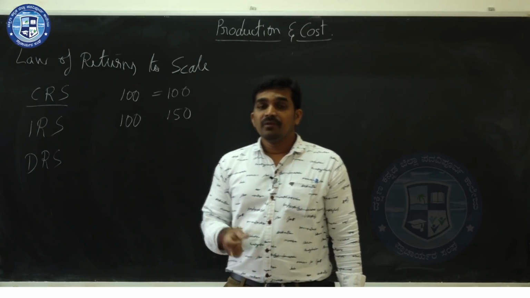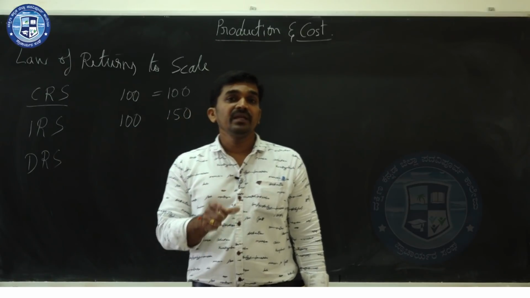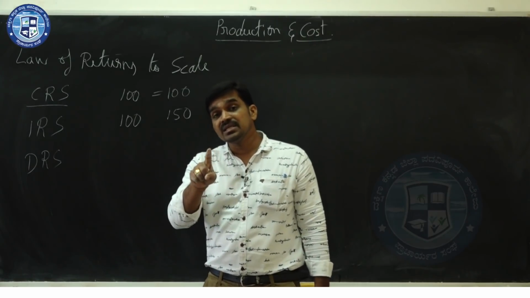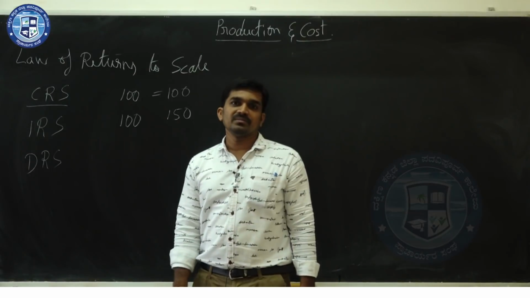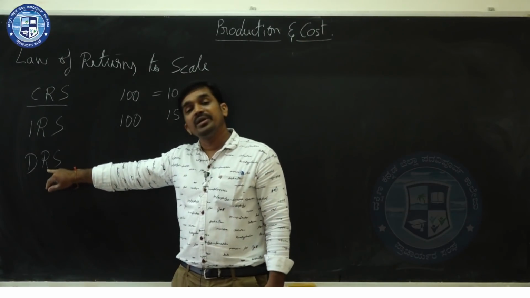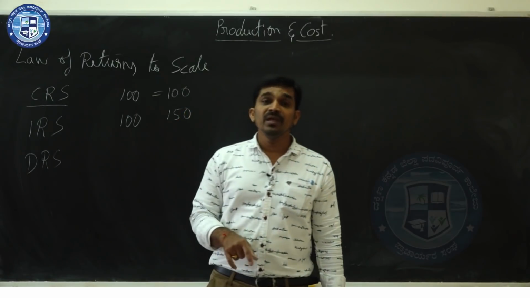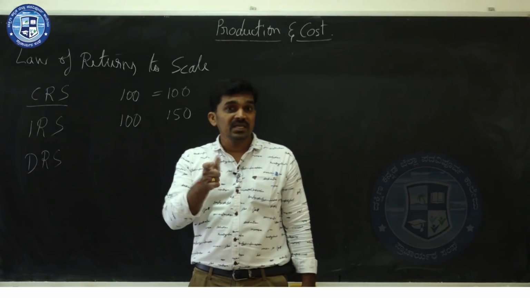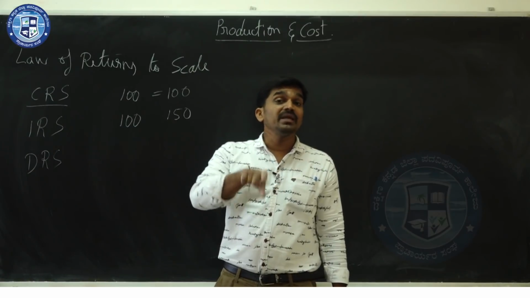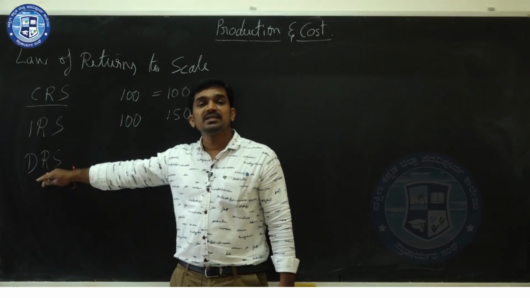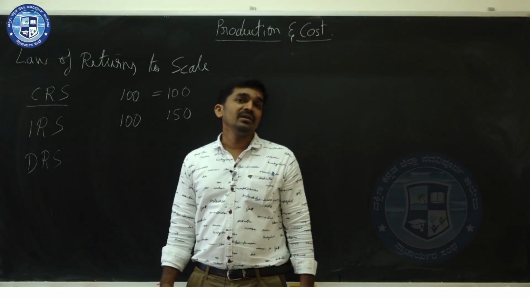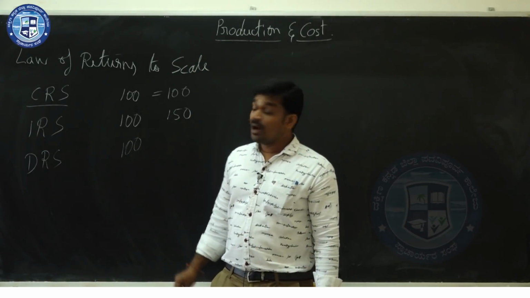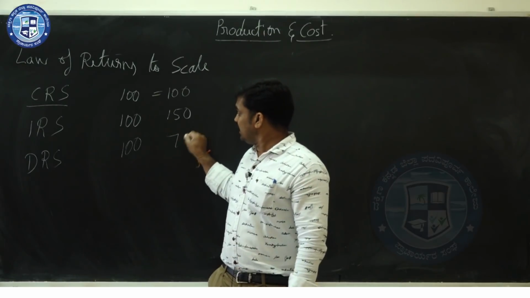Remember, when a proportional increase in input results in an increase in output by a smaller proportion, it is called diminishing or decreasing return to scale, or DRS. For example, an increase in input of 100% and output increases by 75%.